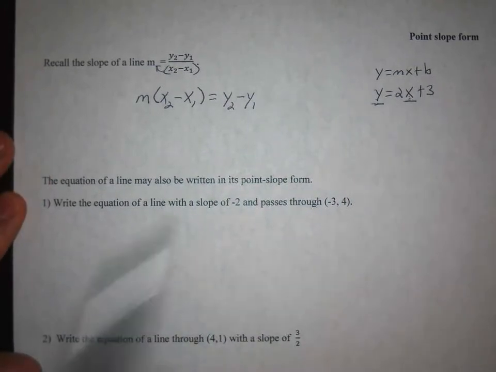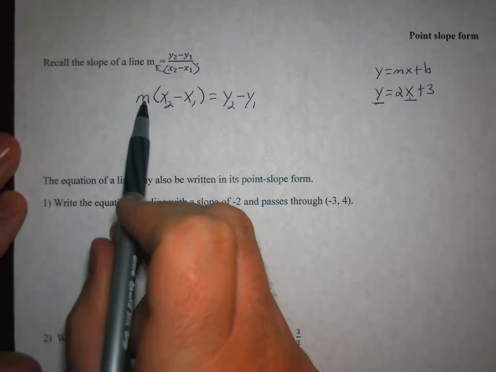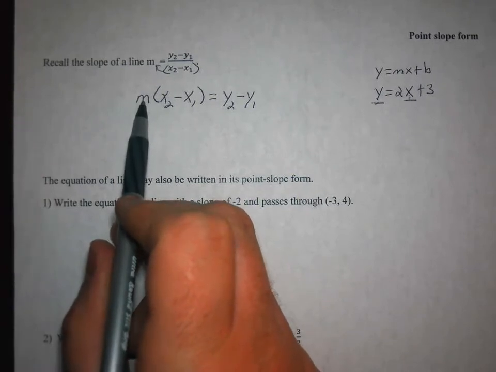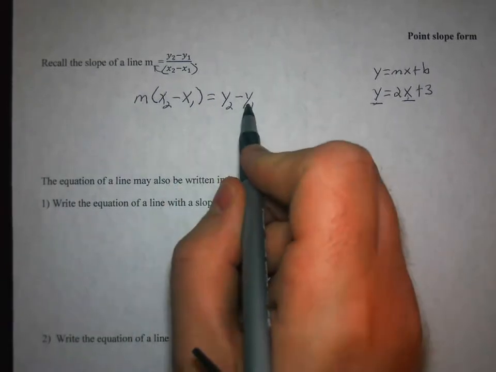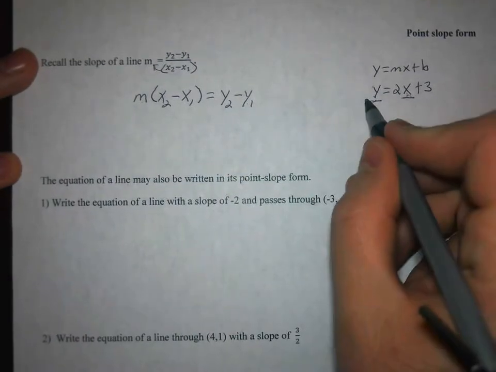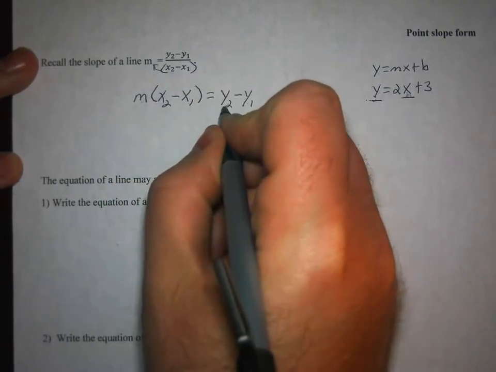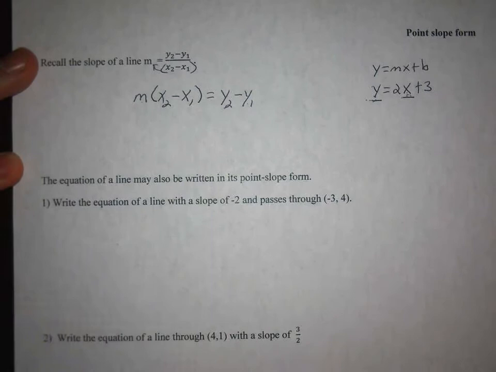The idea with the point-slope form is that we're going to be given one point and the slope. So here is where the slope goes, and then the point, you're going to put it into x1, y1. So the generic xy that we're left with is going to be x2, y2.